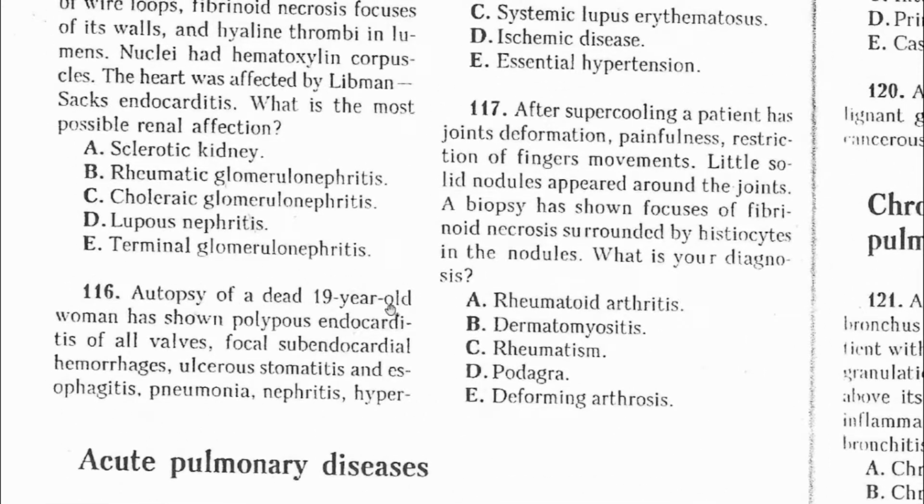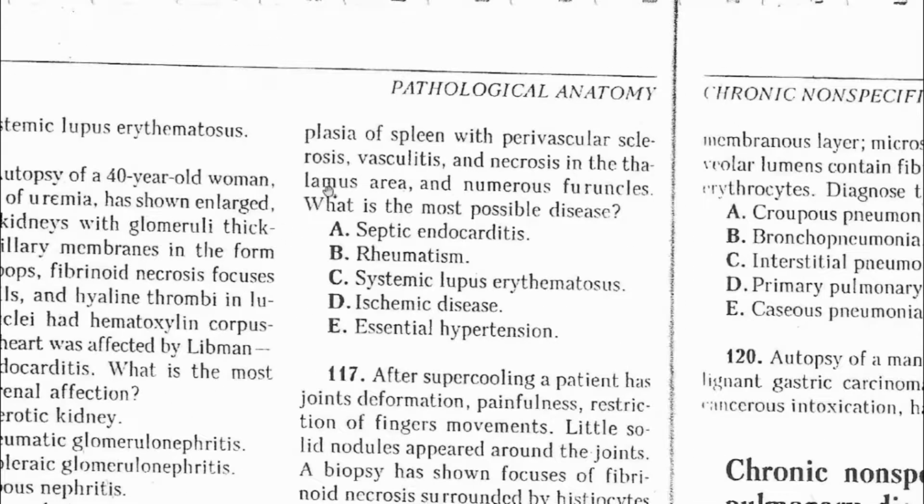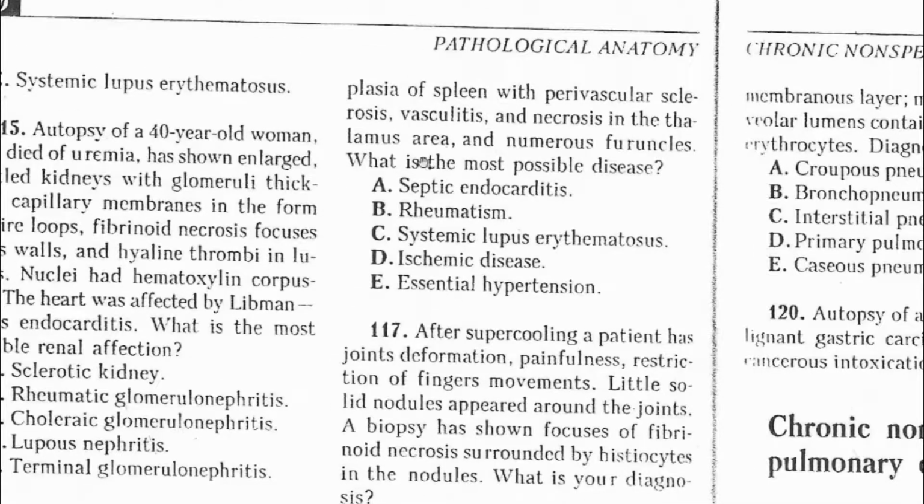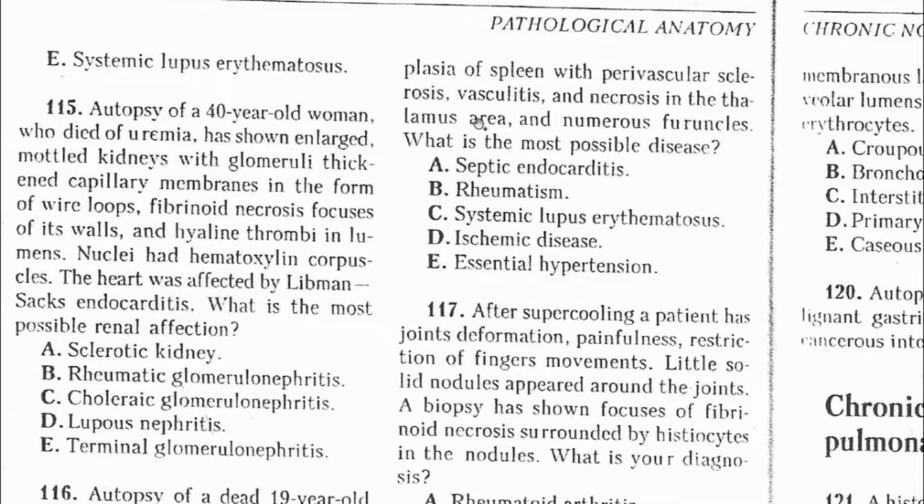Autopsy of a dead 19-year-old woman has shown polypous endocarditis of all the valves, focal and subendocardiac hemorrhages, ulcerous stomatitis and esophagitis, pneumonia, nephritis, hyperplasia of spleen with perivascular sclerosis, vasculitis, and necrosis in the thalamus area, and numerous furuncles.